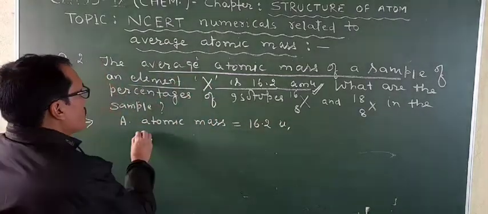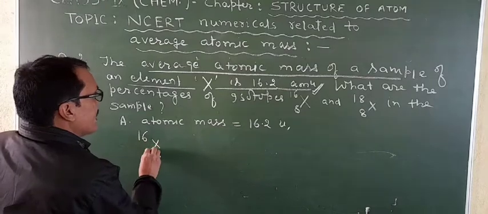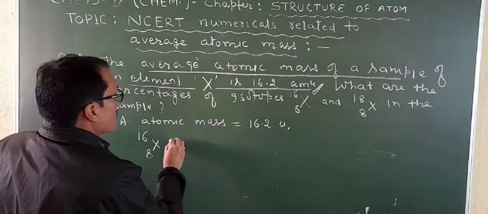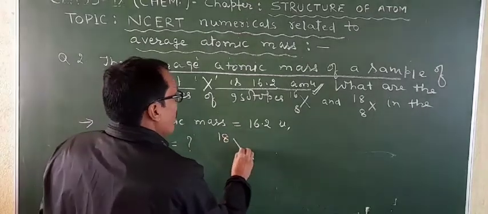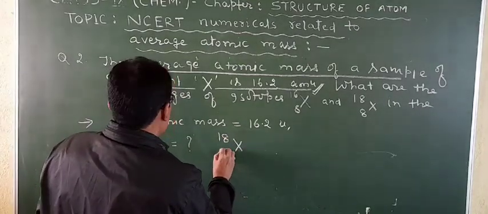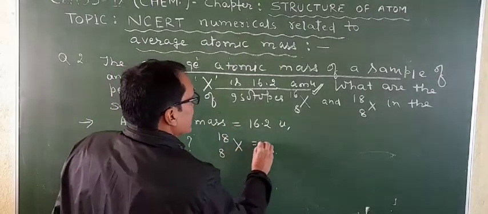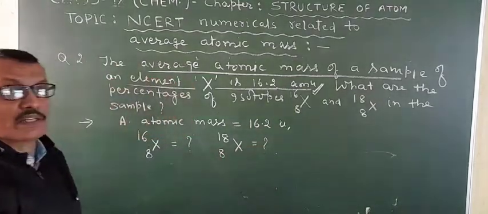Now you have to calculate the percentage of the isotope of mass 16 and the percentage of the isotope of mass 18. You have to calculate.